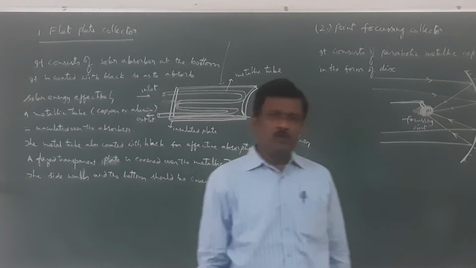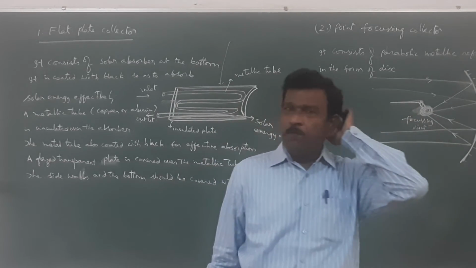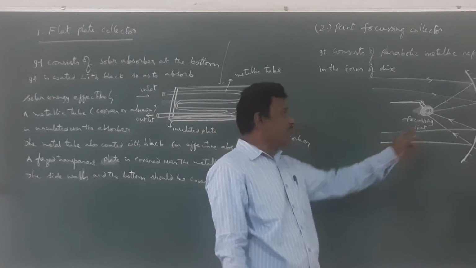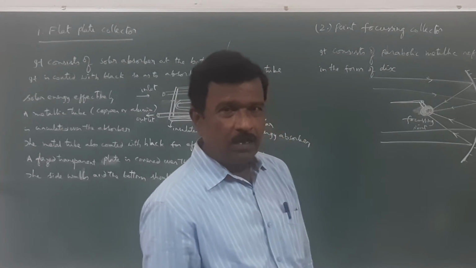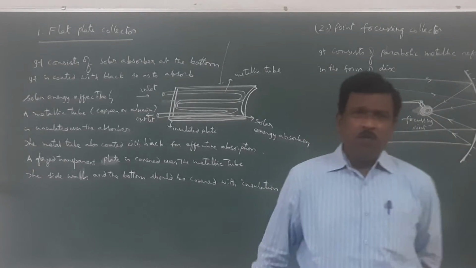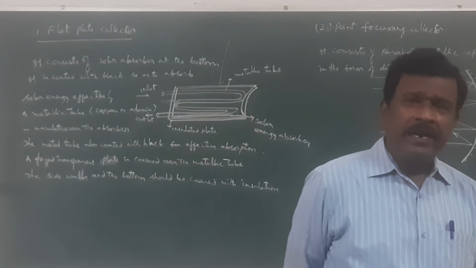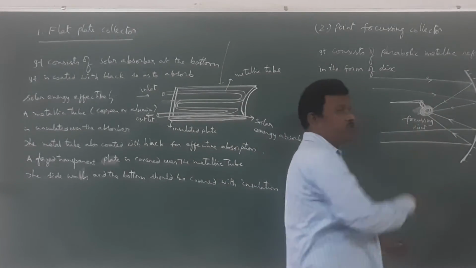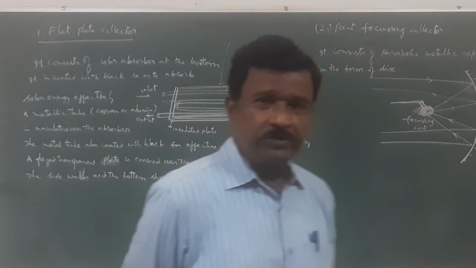When intense solar radiation is focused at the same single point, an enormous amount of heat energy is produced there. That heat energy can be utilized for heating water. In some cases, it can also be utilized for producing electricity using photovoltaic systems.